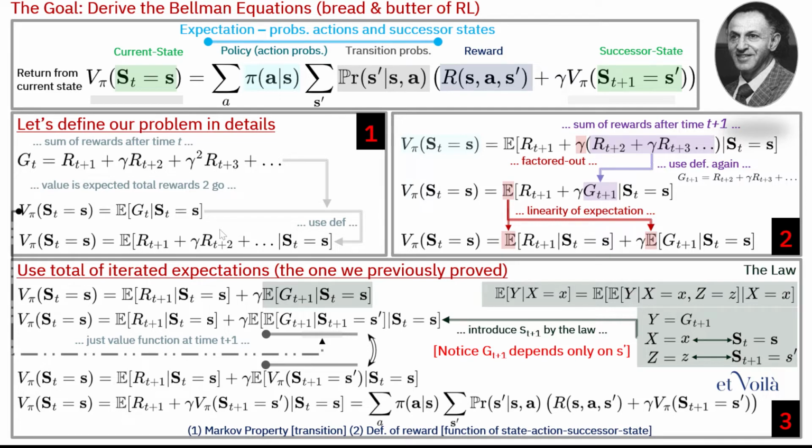Now we need to start here and arrive at a place where we can write this equation such that it has G_{t+1} inside it. Because if we have that, then we're getting closer to the Bellman equation, since then it remains to introduce the expectation over S_{t+1}, or rather, condition on S_{t+1}.